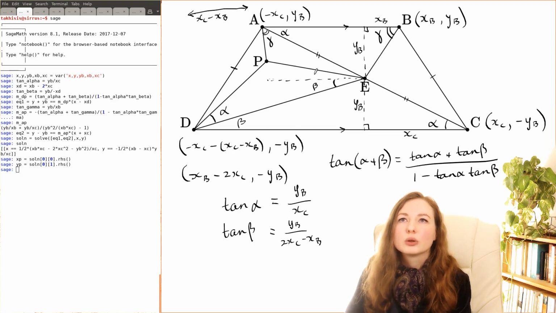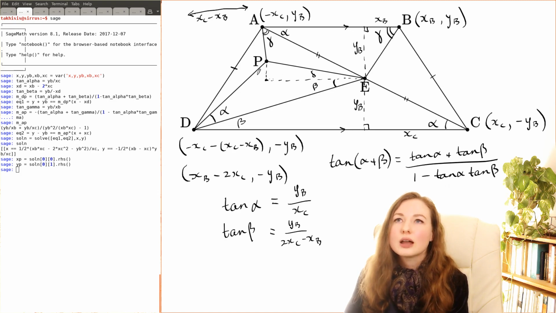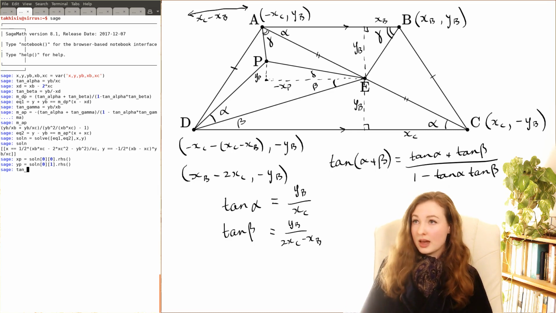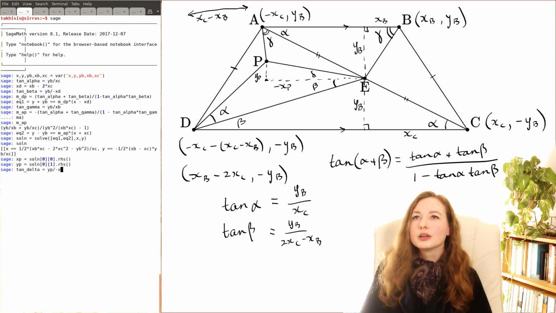And then maybe we can call this one delta and think about what tan delta is going to be. So if you look at this triangle here, that height is going to be the y coordinate of P. And because the x coordinate of P is negative, to the left of the origin, that distance is going to be negative xp. So we could say that tan delta is yp on negative xp.